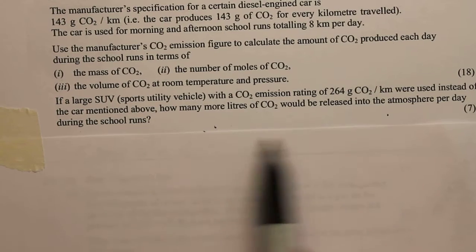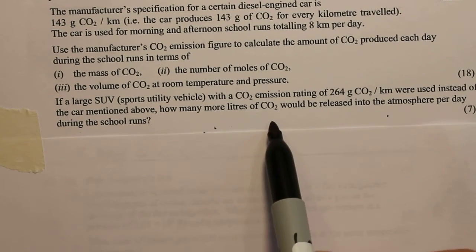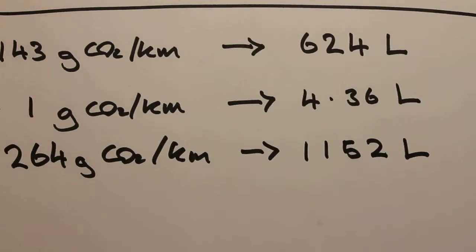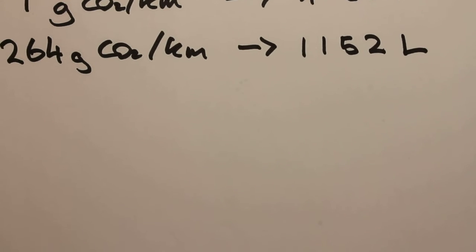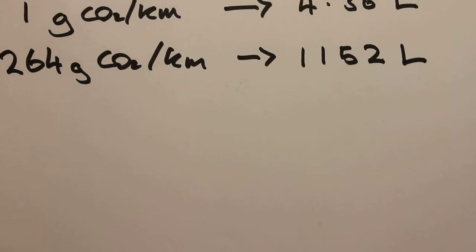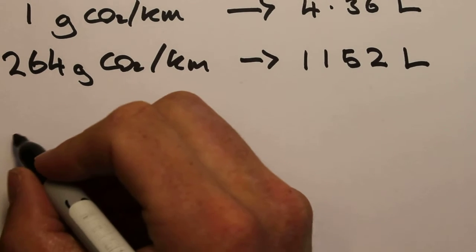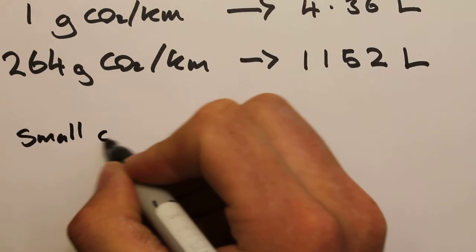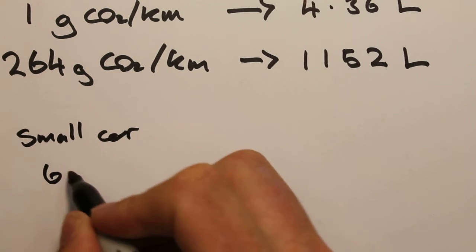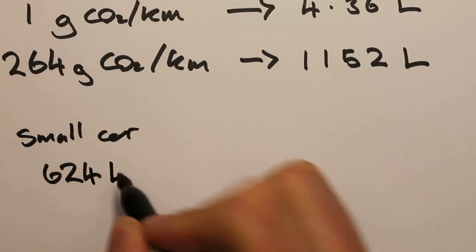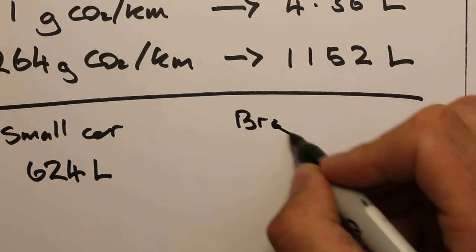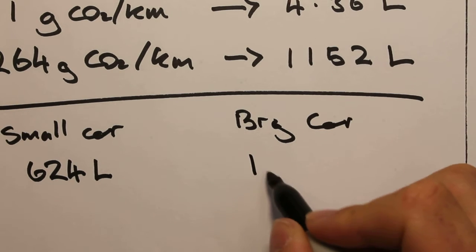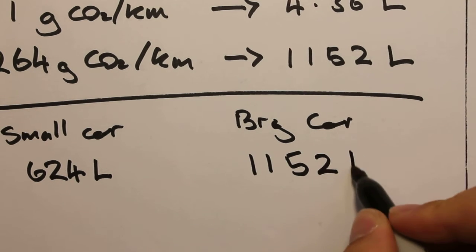But we were asked how many more litres of CO2. We've just calculated how many litres of CO2 will be released by this larger car. We haven't calculated how many more litres. We know that the small car gave us 624 litres, and the big car gave us 1,152 litres.